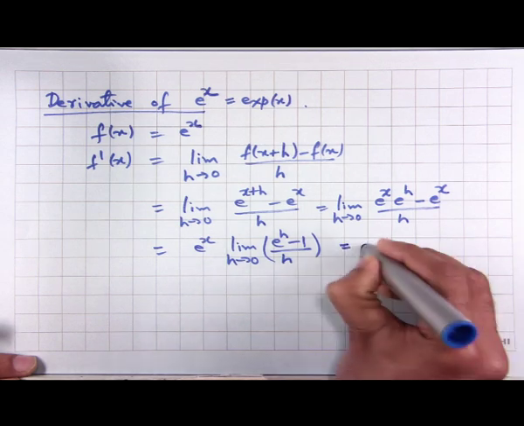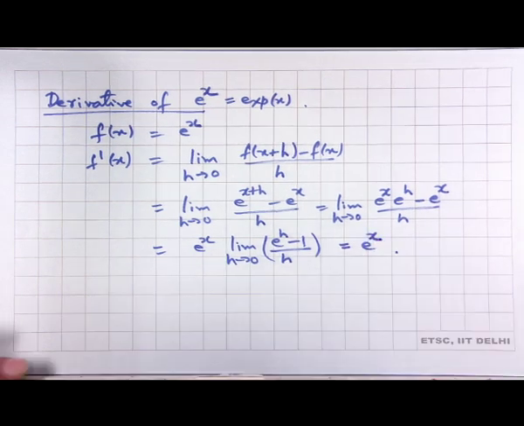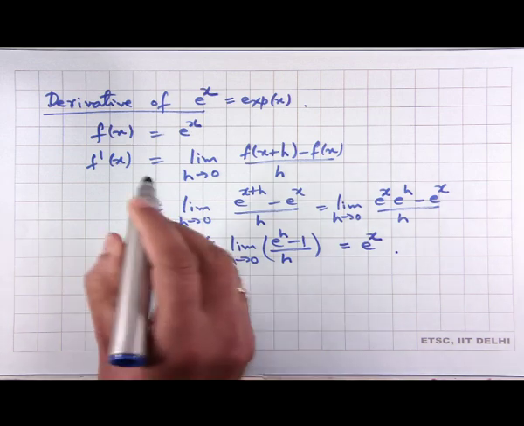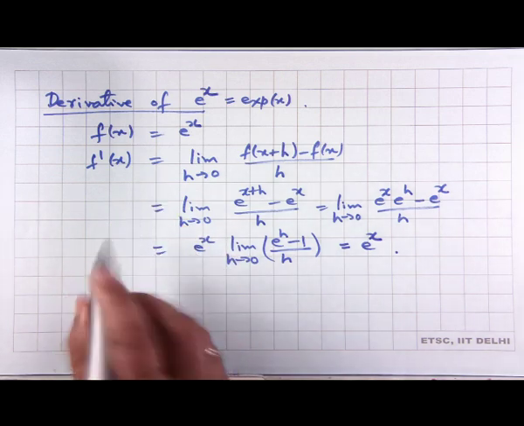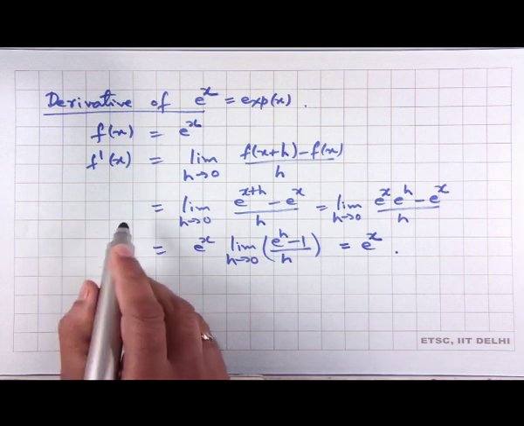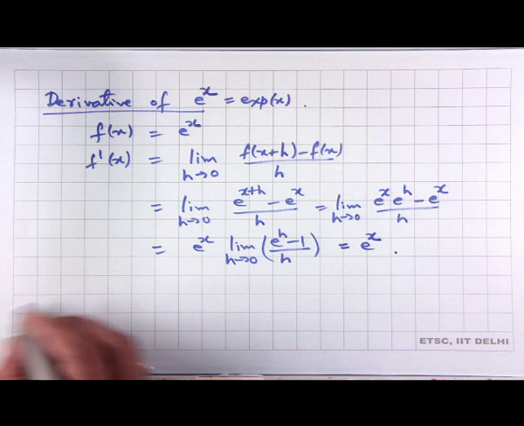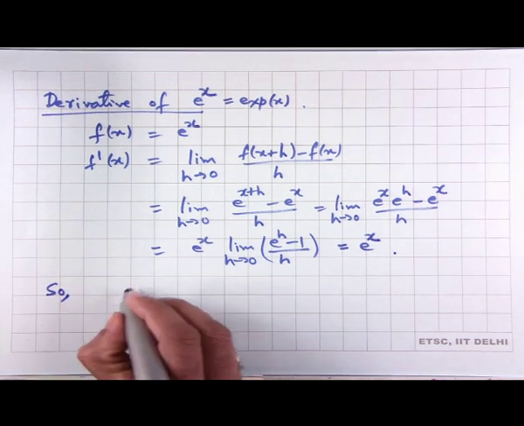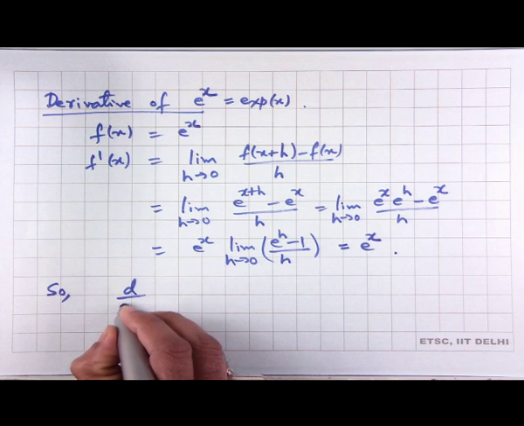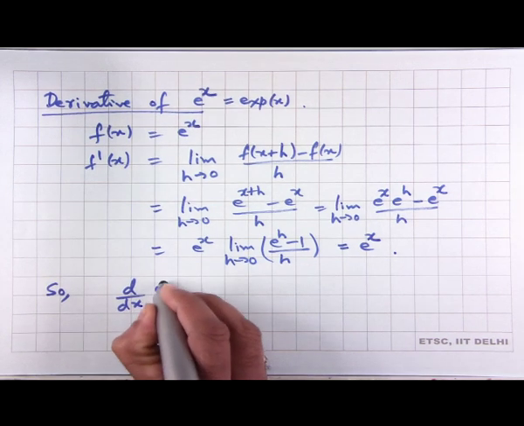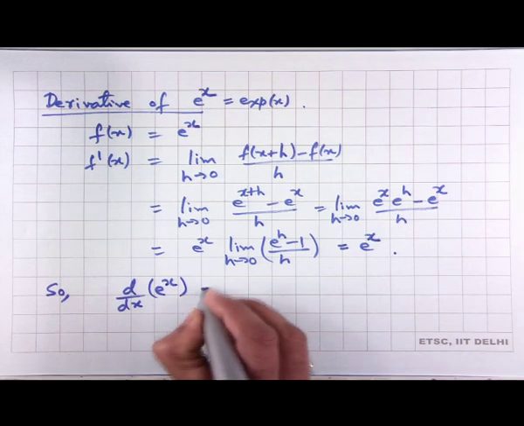So, this is equal to e to the x. The exponential function is a very special function whose derivative is itself. So, we got that d by dx of e to the x is e to the x itself.